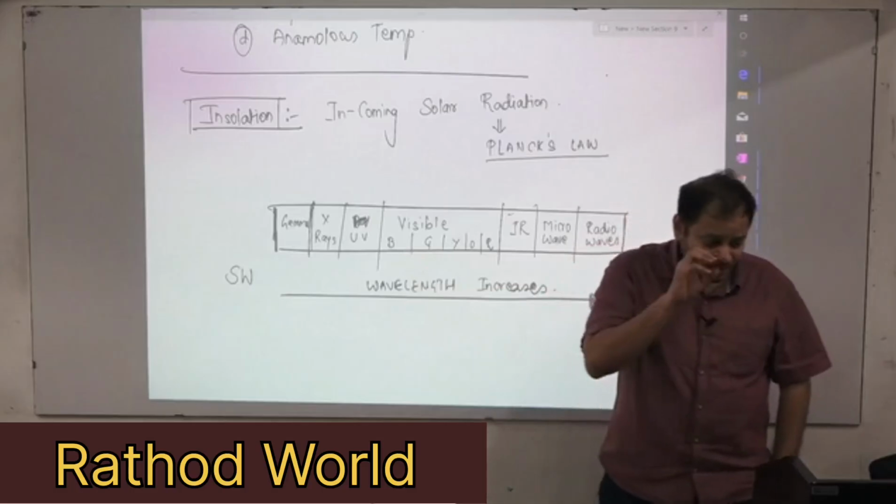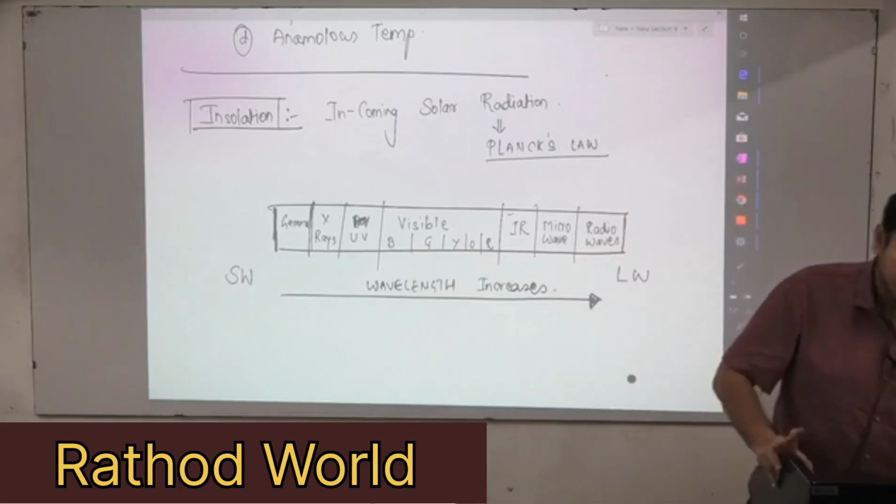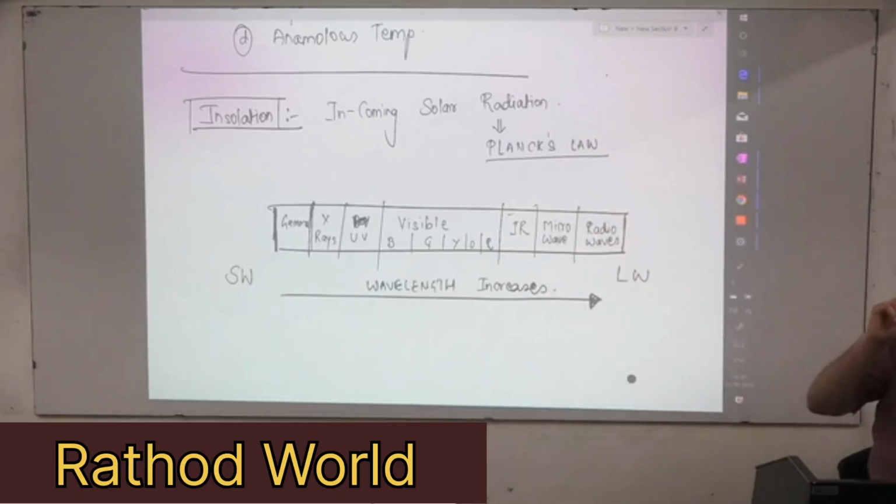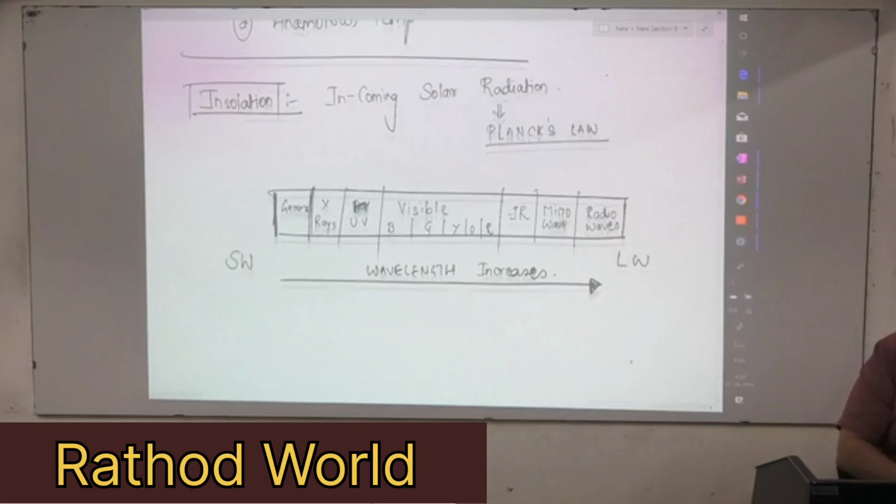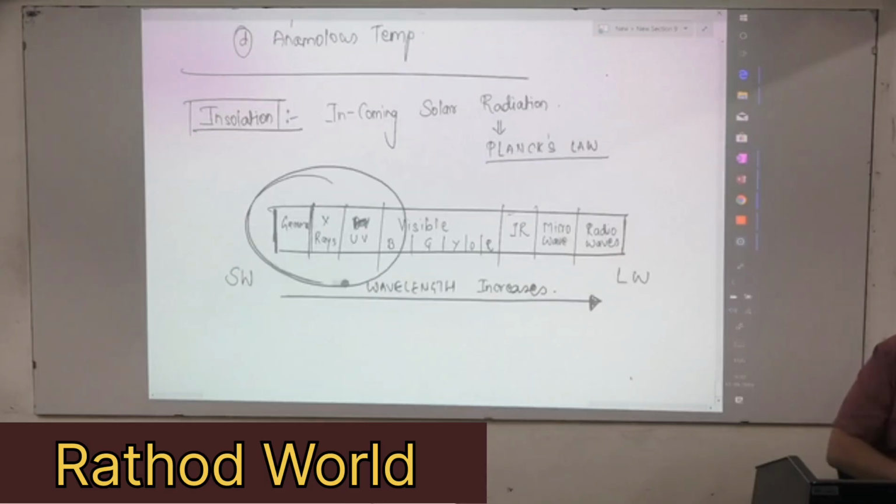Fine? This is how the electromagnetic spectrum comes to the earth, but mostly the sun rays are dominant in short wavelength, out of which UV rays rarely reach the earth.